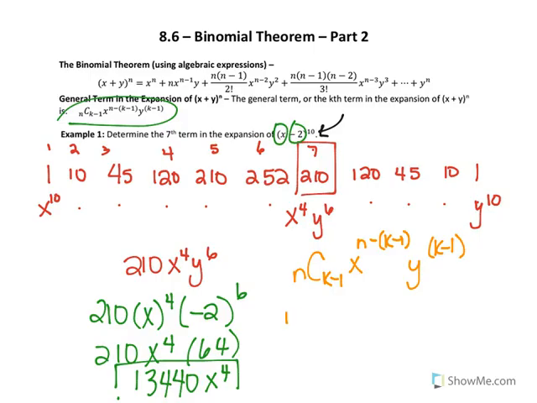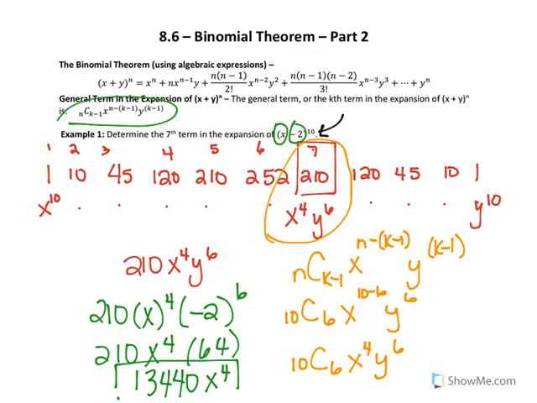So we would do 10 is n, choose 7 minus 1, so 6. x to the 10 minus 6, y to the 6, and then we would have 10 choose 6 of x to the 4, y to the 6, and then we get exactly to where we just were right there. So you can also do that too.